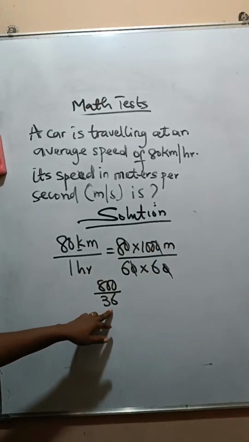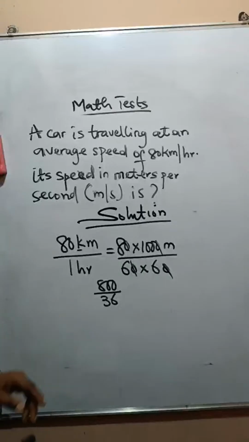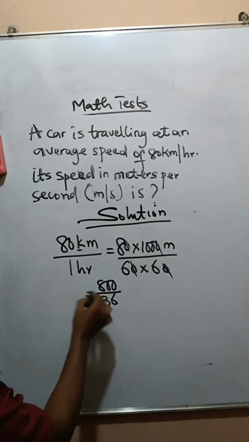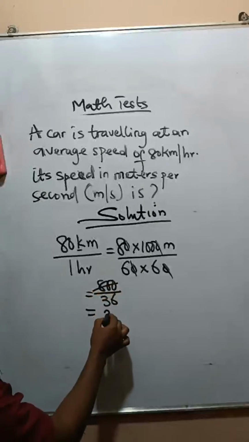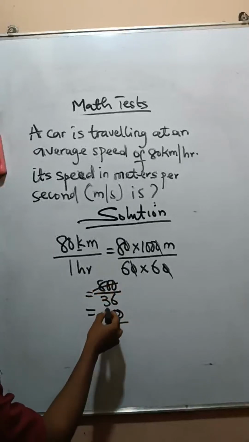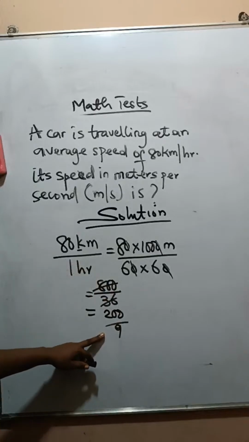Now, 4 can divide both of them, right? Yes, 4 can divide. So when 4 divides this, we have 200, and when 4 divides this, we have 9. So we have 200 divided by 9.